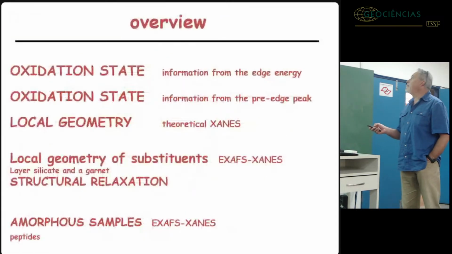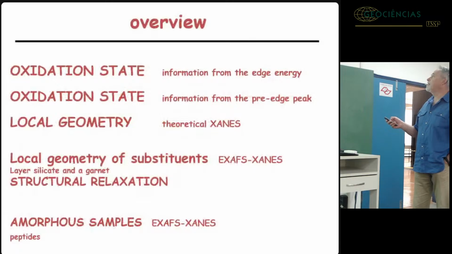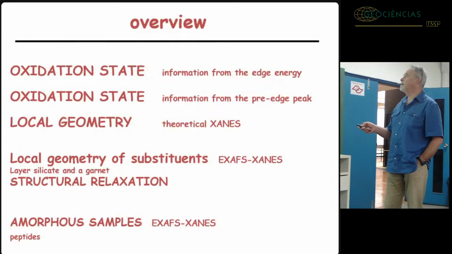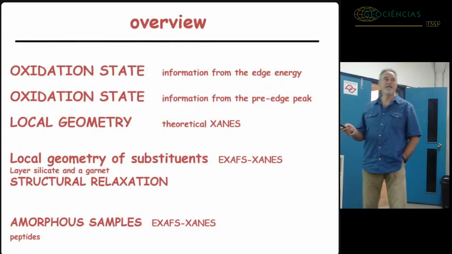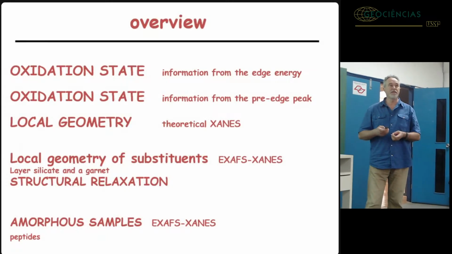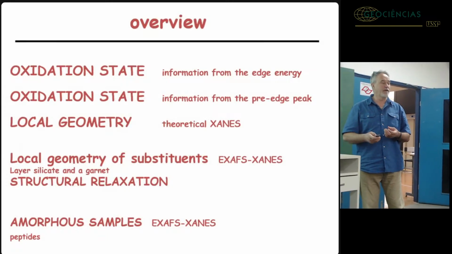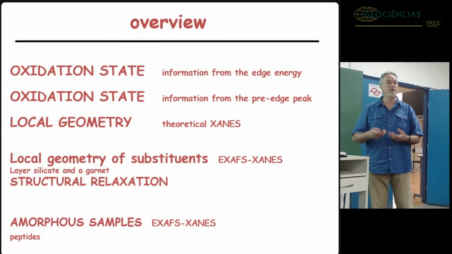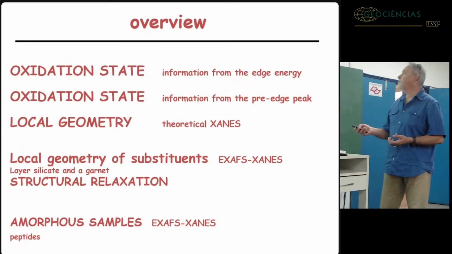So briefly, we will see what we can say first by X-ray absorption spectroscopy on the oxidation state of some chosen element, and on the local geometry, meaning if I put an element inside the host crystal or inside the glass, what can I know about how it is bonded to the surrounding atoms?